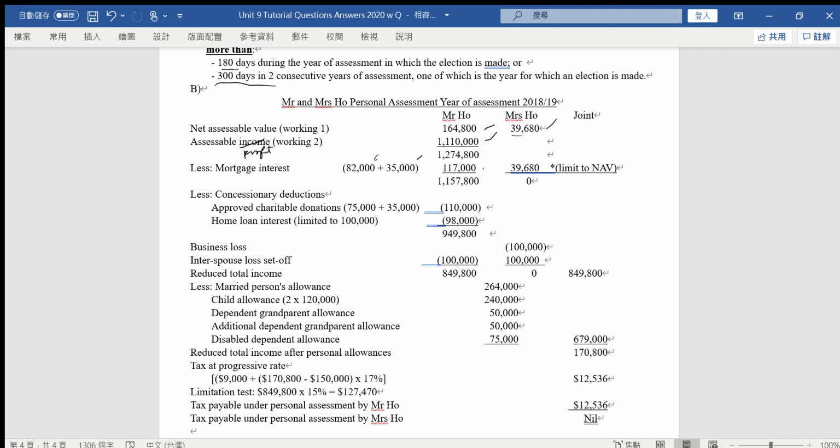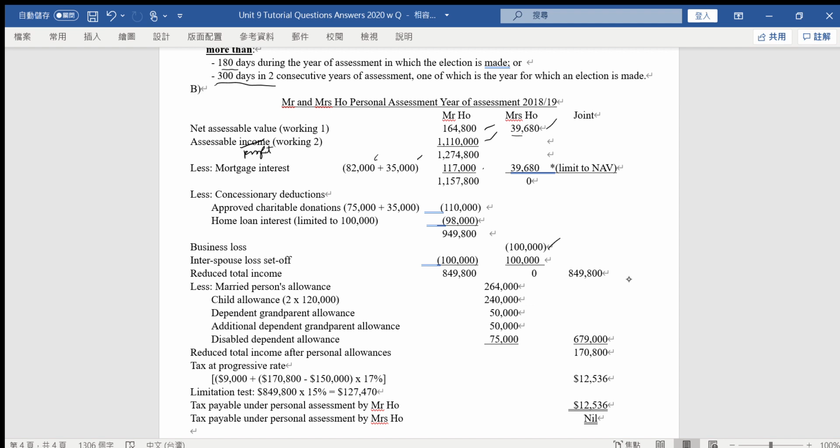And you can work out the figures, and then about Mrs. Ho, you will find that Mrs. Ho, that is the current year, she has the business loss, and because she doesn't have any other income to set it off, that's why under the personal assessment, that can automatically transfer to her husband to claim.